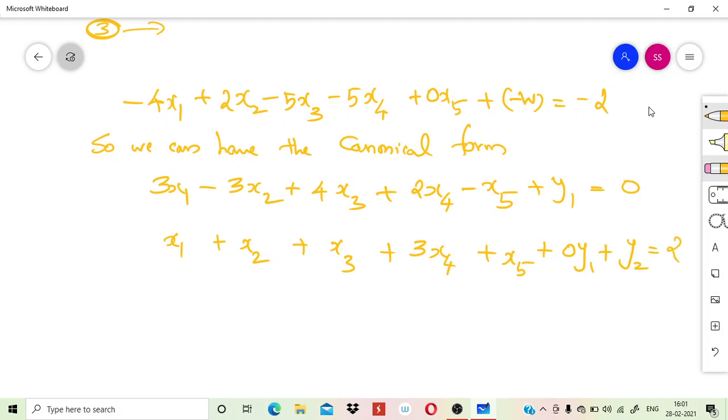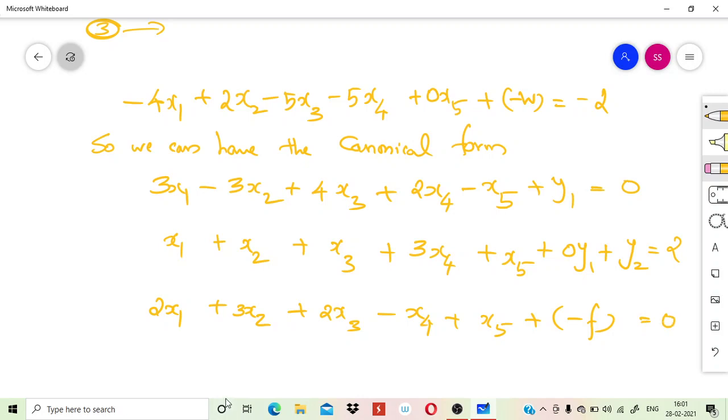And then we have the main objective function, that is the original objective function which is given by the examiner. We have 2x1 plus 3x2 plus 2x3 minus x4 plus x5 plus minus f equal to 0.